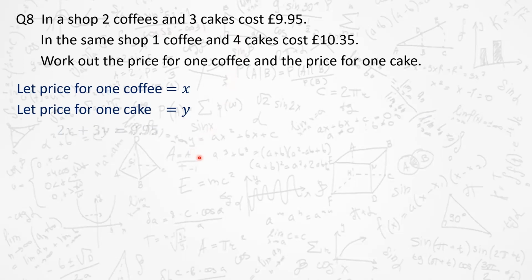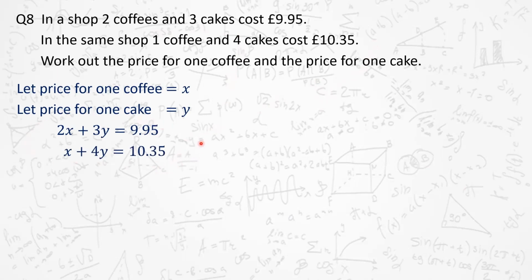I would have 2x plus 3y equals 9.95. From the second sentence, 1 coffee and 4 cakes cost £10.35. I would have equation x plus 4y equals 10.35.